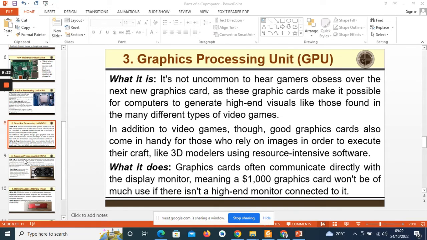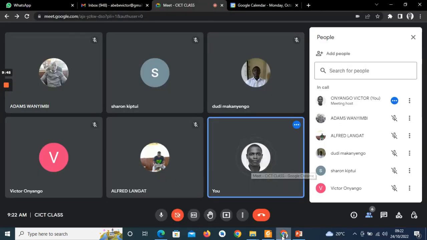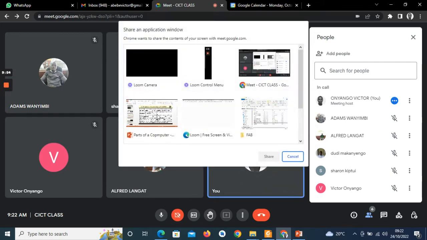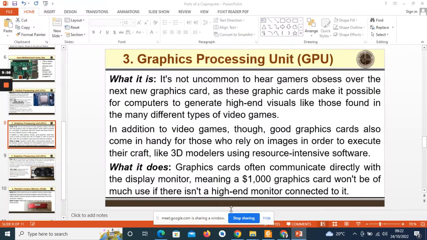Let's look at the random access memory. Let me stop sharing a bit, then I share back again. My slide is not doing well.